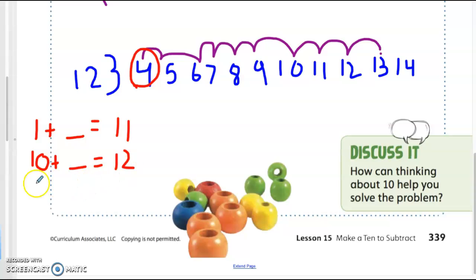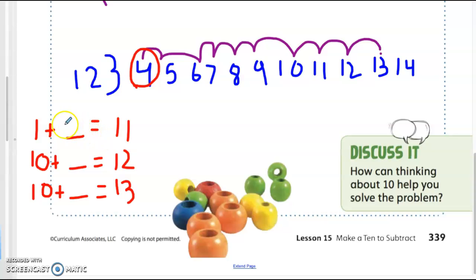Okay, 10 plus something equals 13. Okay, we need to find what number is missing right here. Okay, and this is all using a 10.